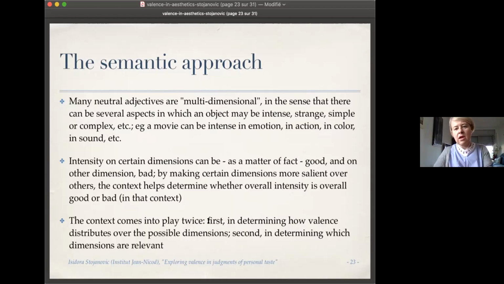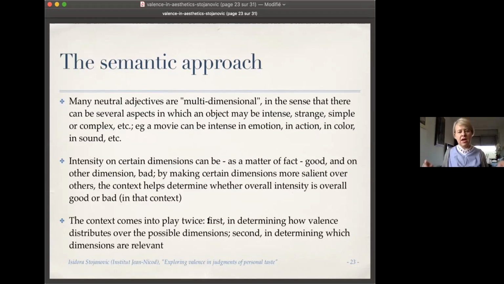So for instance, for an action movie, it is a good thing that it should be, say, intense in action, but maybe not such a good thing that it is intense in emotion, whereas for a movie such as Haneke's Amour, on the other hand, intensity in emotion is what becomes a good aspect, whereas intensity, say, in music or color is not what is good for such a movie.